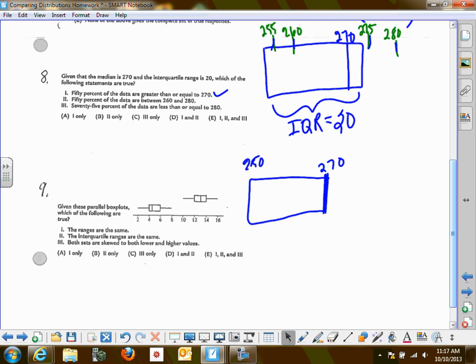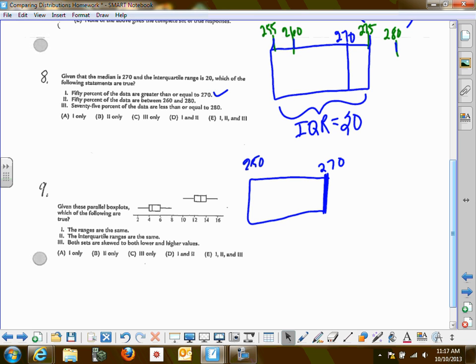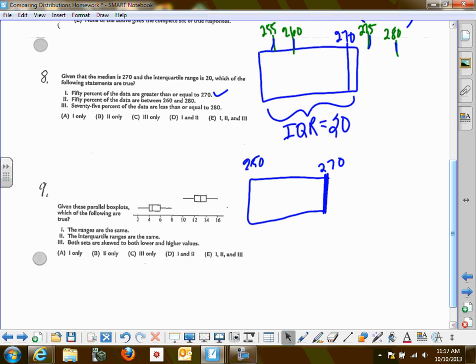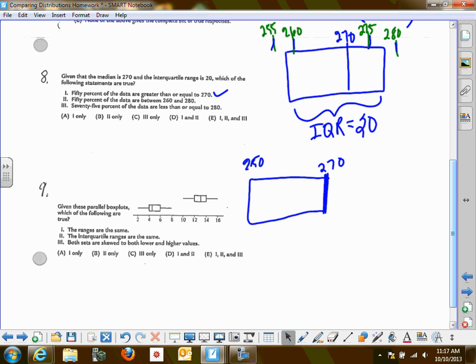So you have to get that the median is not necessarily right in the center of the box. I know it's 20 wide, but it could be 20 wide anywhere. Let's go through these. Does that mean 50% is definitely between the 260 and the 280 mark?